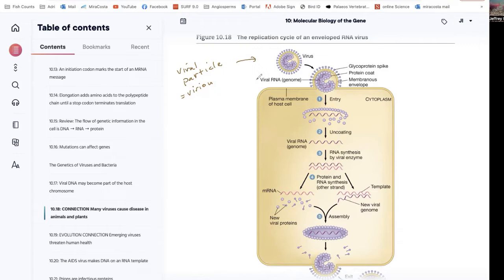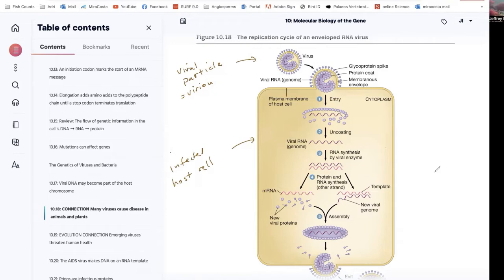Every time that's happening, there's an infection of a host cell, which is really crucial for the virus because it's how we make more viral particles. The viral particle gets into the host cell, and the host cell is used as a little factory to make more viral particles.